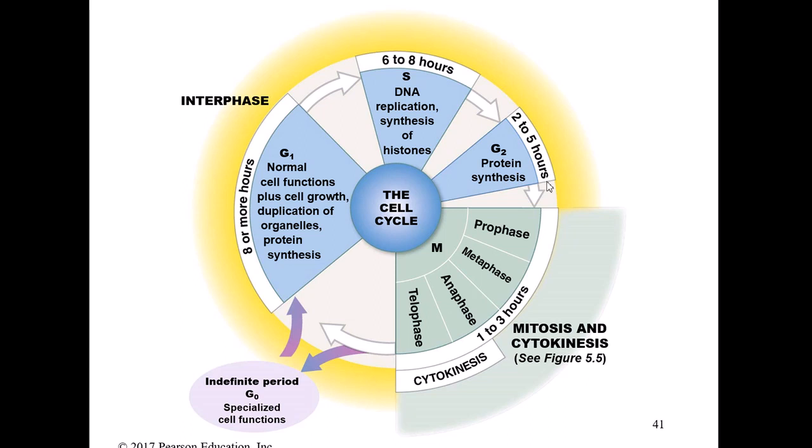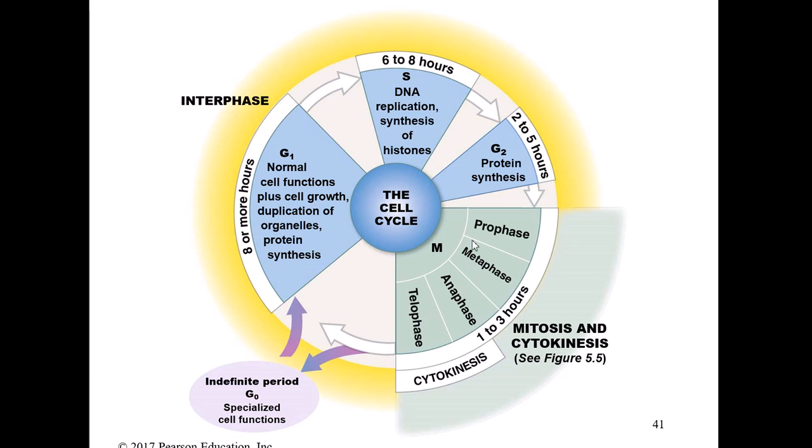Right? Near the end of interphase, it will then get ready to go into mitosis. Right? And mitosis is designated here by the letter M. So during this period of mitosis, the nucleus is dividing. We're going to see there's four phases to make the nucleus divide: prophase, metaphase, anaphase, and telophase.